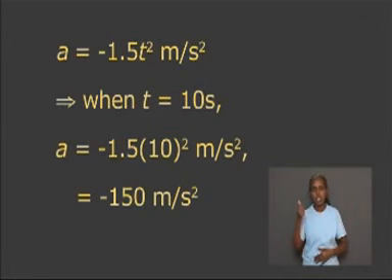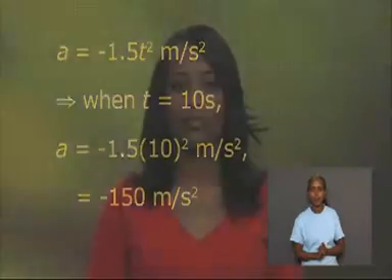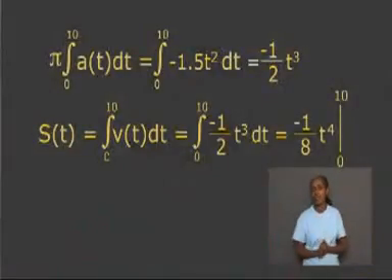In other words, a is minus 150 meters per second squared. Finding the value of s is a bit more difficult. So, we are lucky we have formulas to help us.